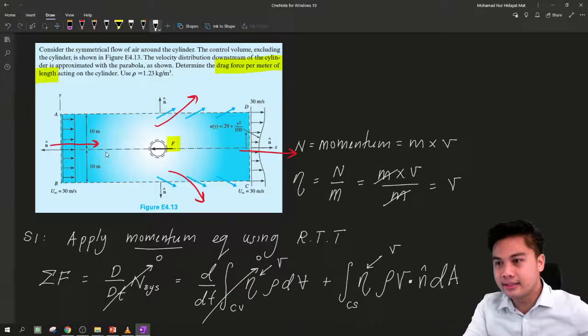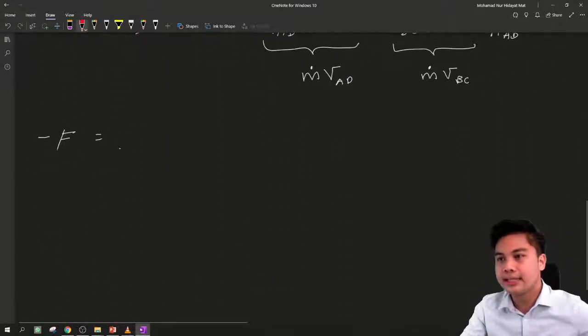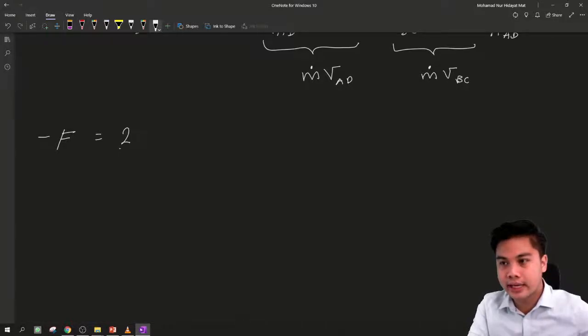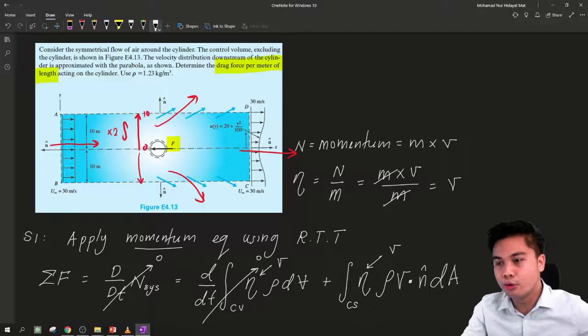So from 0 to 10, we multiply with 2 to cover the bottom side. So in this case, 2 times the integration from 0 to 10. We do from the center to the top and multiply with 2 to get the bottom as well, because this is symmetrical.